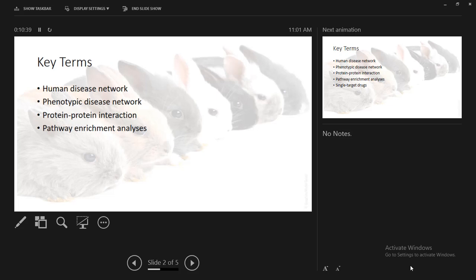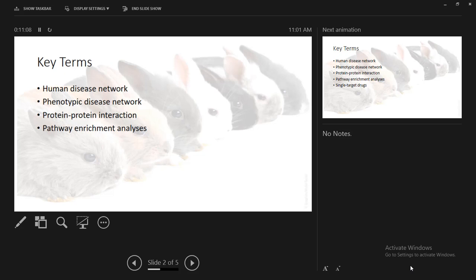Okay, pathway enrichment analyses. Pathway enrichment analyses. What these are studies in which we are trying to determine two things. One, the significance of an individual node and the influence of a single node in the determination of a genetic illness.